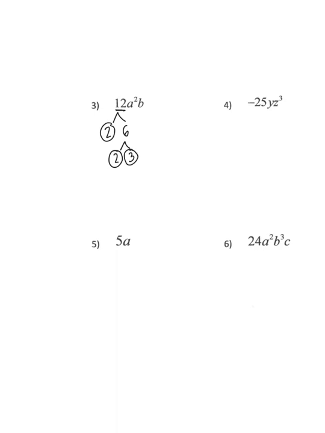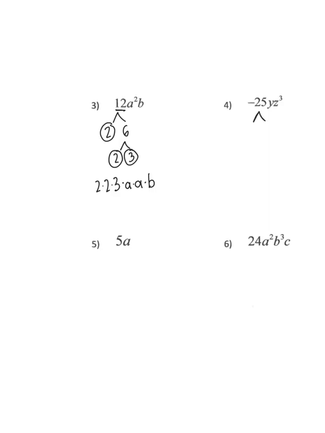Okay, so now I have my 12 factored out. That would be 2 times 2 times 3. And then for the variables, what I'm going to do is just write each variable without the exponent. So if I have a squared, that means I have a times a, 2 a's multiplied together. And then b by itself is just b. So I'm just breaking apart my monomial.